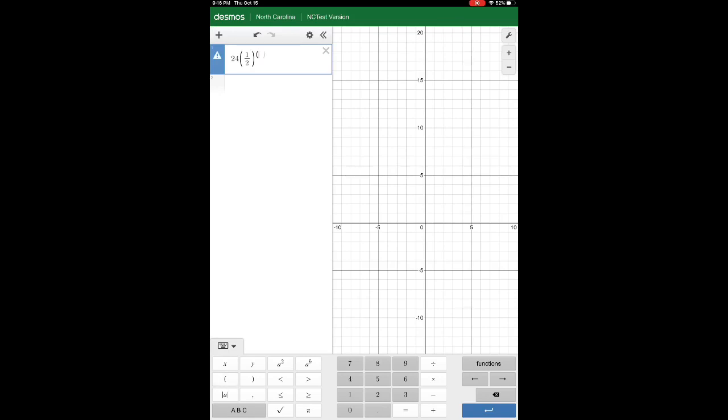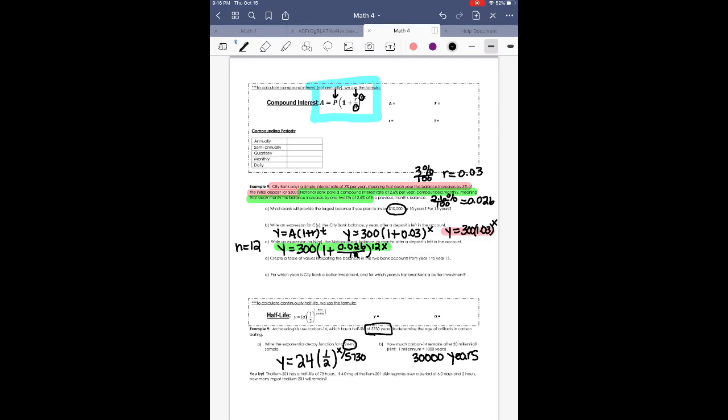And I'm going to raise that to 30,000. But that 30,000 has to be divided by 5,730. All right, so when I look at that, I have approximately 0.64 of the carbon-14 left.